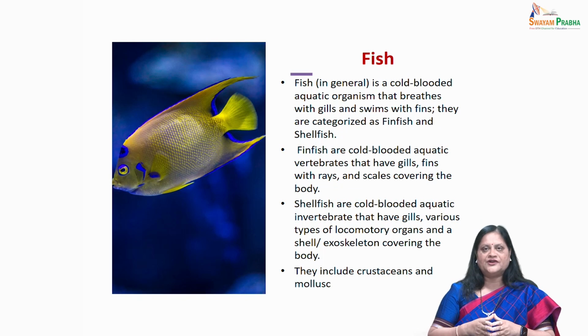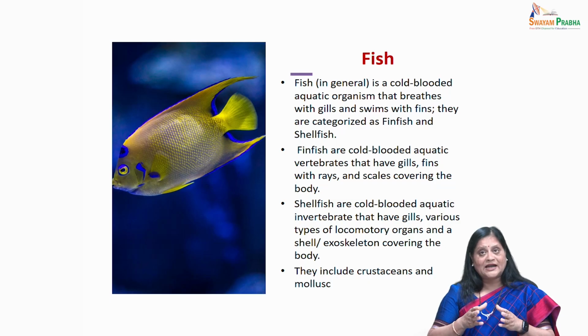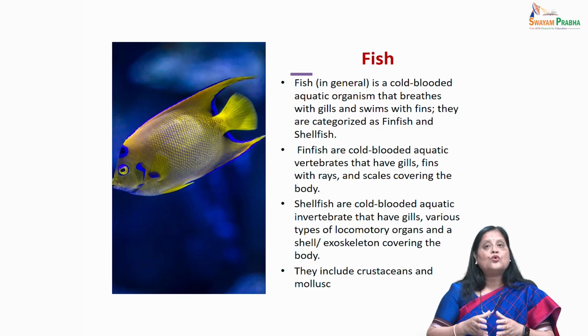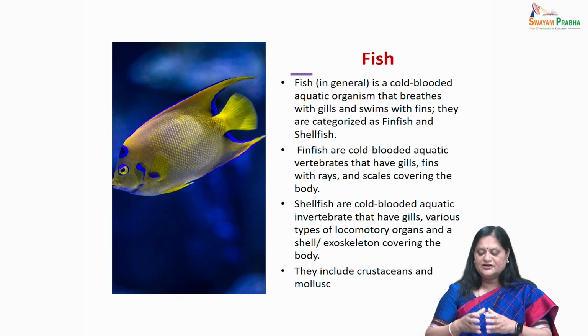Fish in general is a cold-blooded aquatic organism that breathes with gills and swims with fins. They are categorized as finfish and shellfish. Finfish are cold-blooded aquatic vertebrates that have gills, fins with rays and scales covering the body.